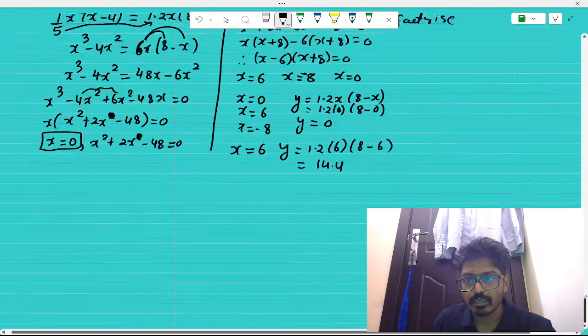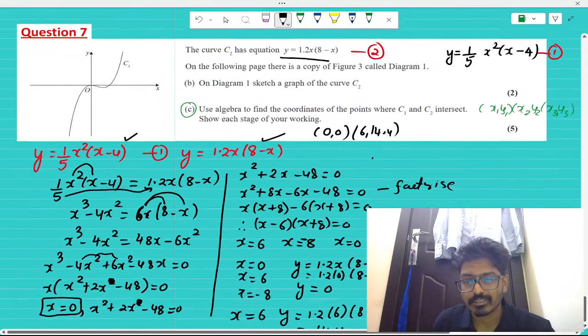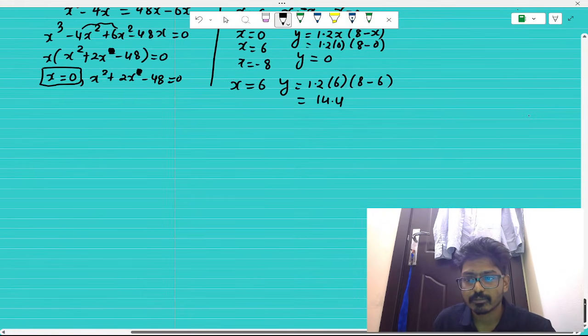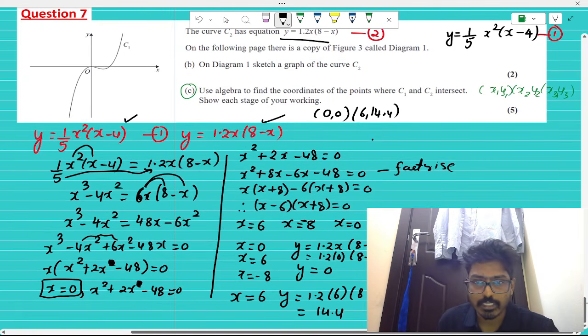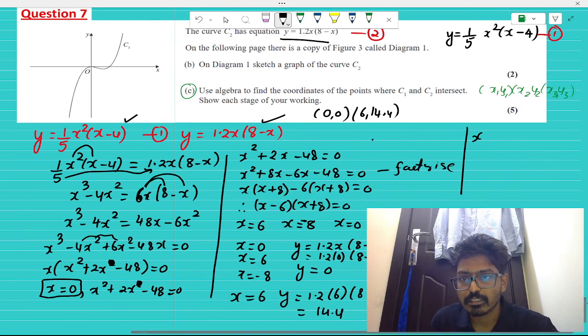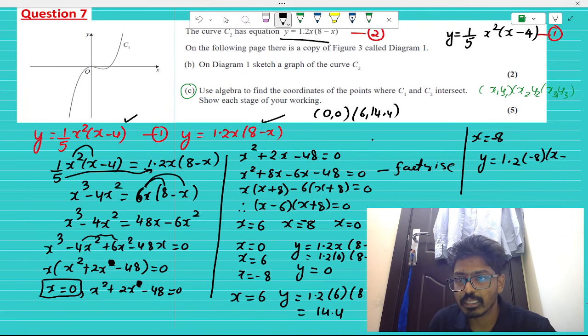So here x is equivalent to negative 8, so y is equivalent to 1.2 times negative 8 times 8 minus negative 8.